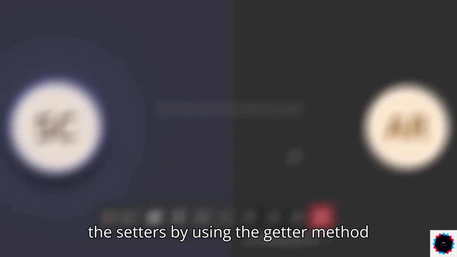We can achieve it by using final for the class and final for the variables in that class, and by using the getter method. We don't need the setter method in that. By using the constructor, we can achieve that.